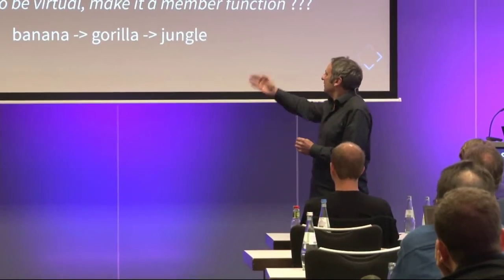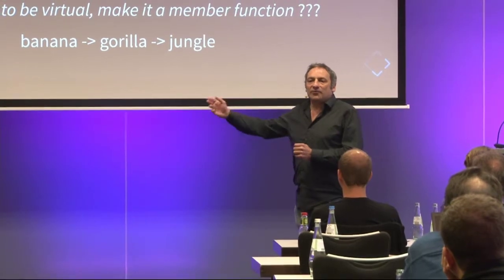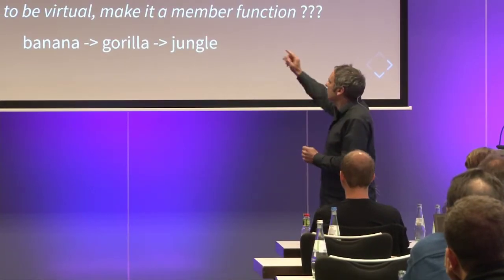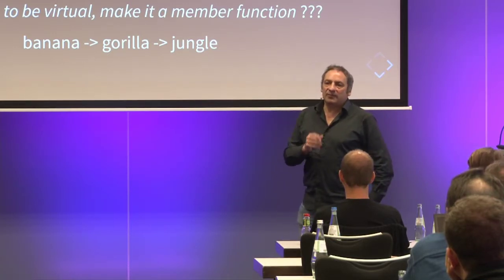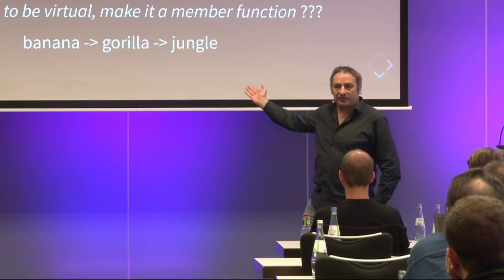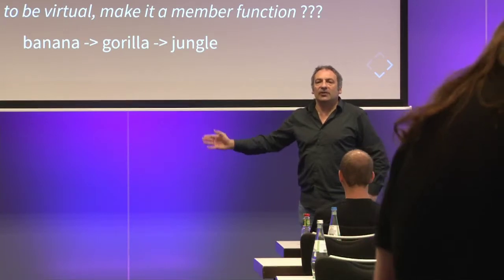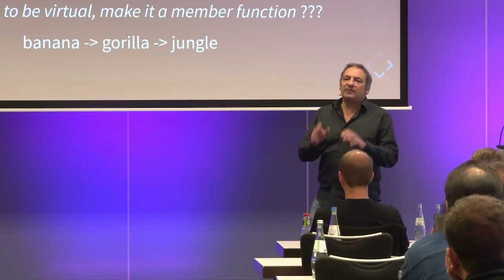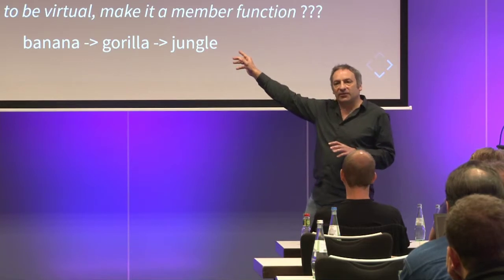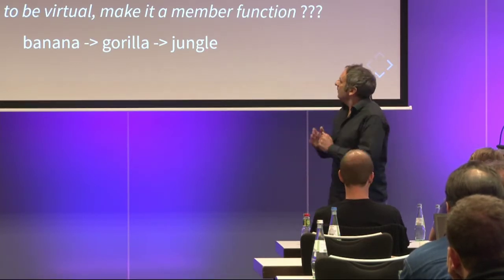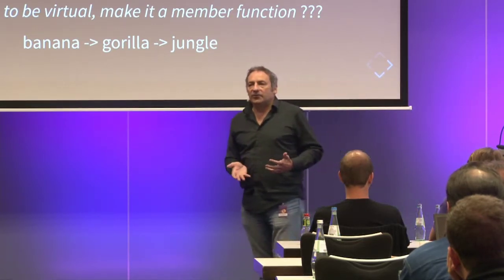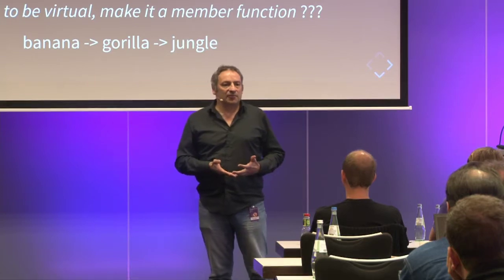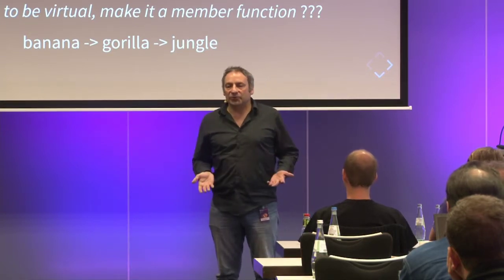And then we get an instance of the banana, which comes with the gorilla, which comes with the jungle, because if you put this in a library and use it in application 1, maybe application 1 will want to render ASTs in reverse Polish notation, but maybe another application will not be interested in doing that, but it will still get the code for RPN rendering, right? So that's the problem you have with that approach to building libraries or reusable code. You end up with classes that often do too much and rarely what you need.